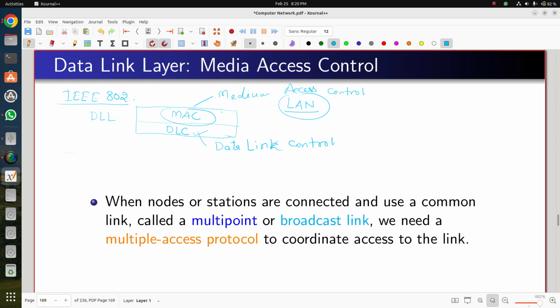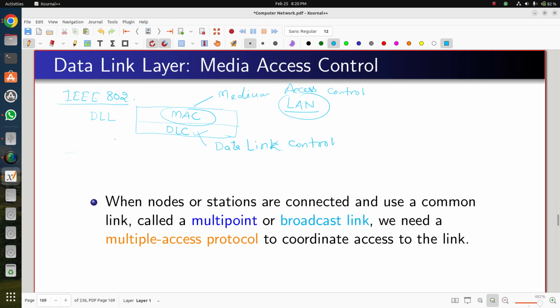Like Ethernet, which is a LAN, has a different MAC, CSMA/CD, that we will talk about later. Wi-Fi has a different MAC. Similarly, more standards, IEEE 802.4 and IEEE 802.5, use different kinds of MAC layer. Okay, so this you should remember.